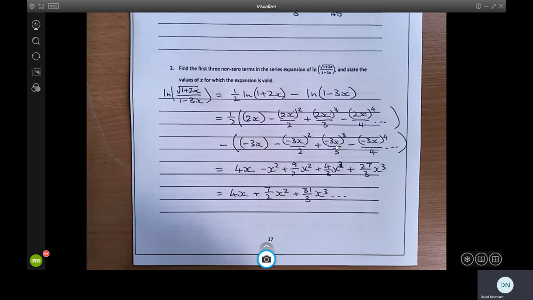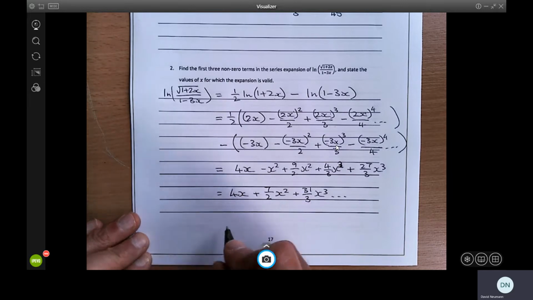Now, we're just going to answer what this is valid for. So the expansion of ln of 1 plus x is valid for x between -1 and +1, not including -1, but including +1.